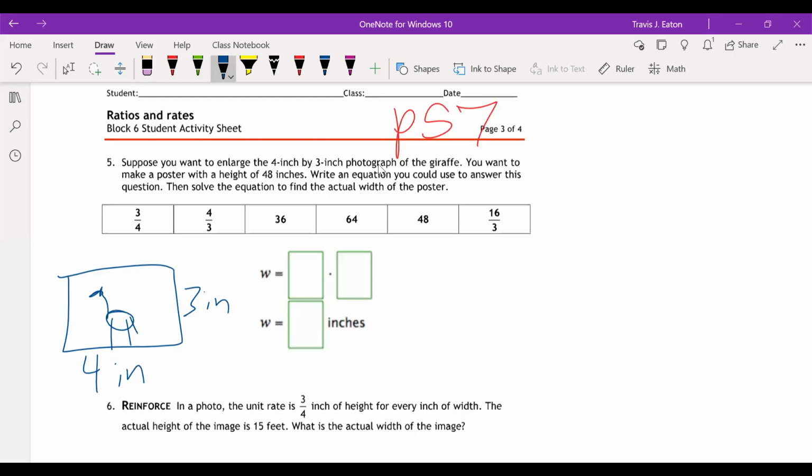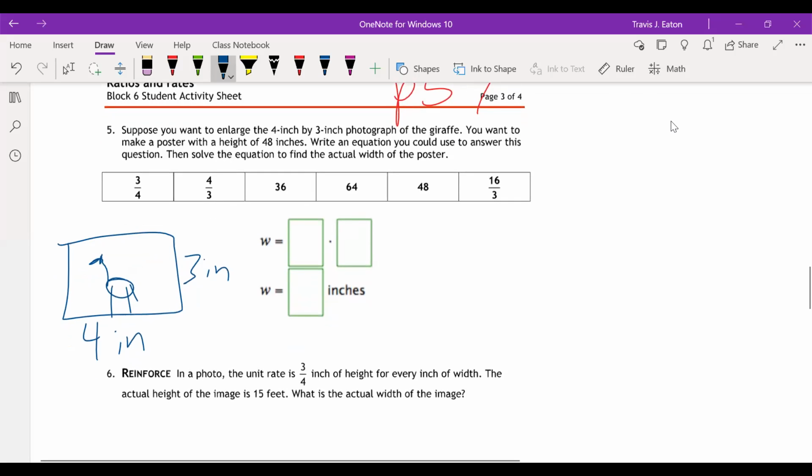So again, we want to enlarge the 4-inch by 3-inch photograph of the giraffe. We want to make a poster with a height of 48 inches. So we could write an equation that we could use to answer this question, and then we'll find out what the actual height is. Remember yesterday, when we were comparing the height versus the width, that was 3 compared to 4.